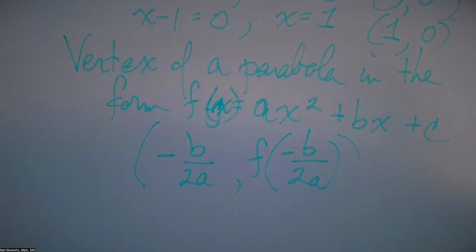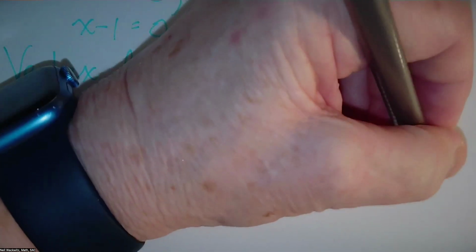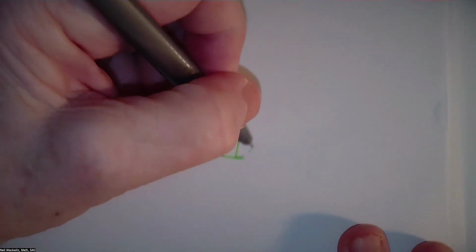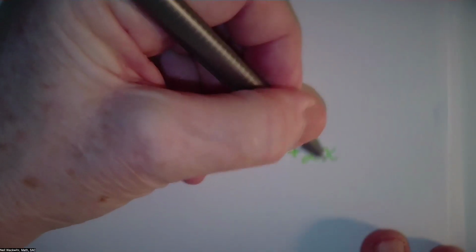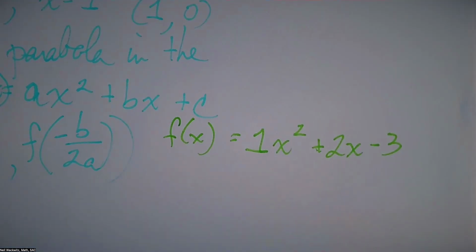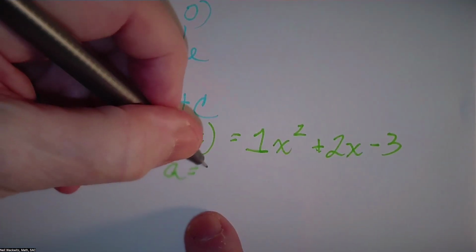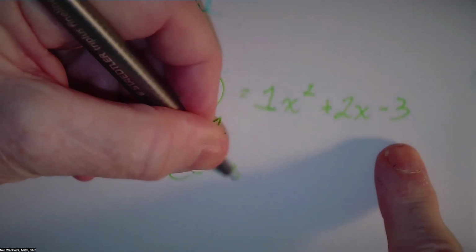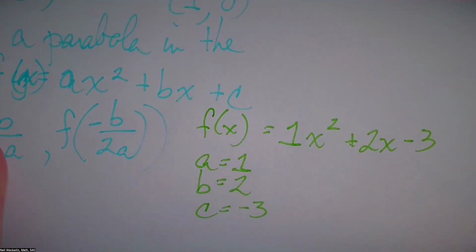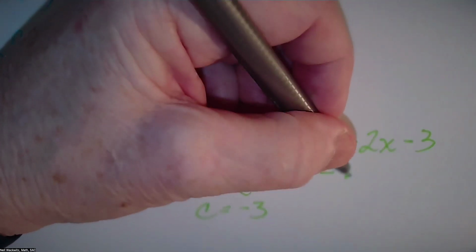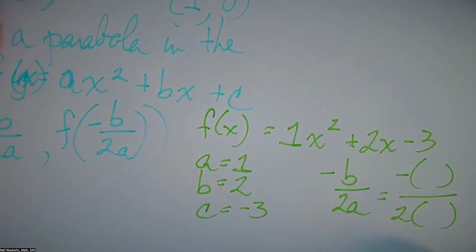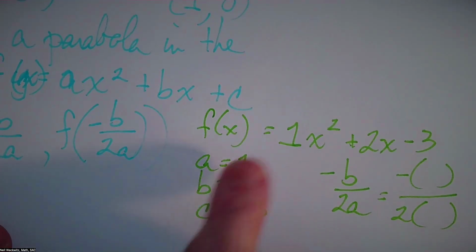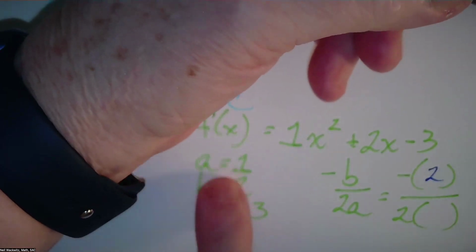So let's find negative b over 2a for our function. We have f of x is equal to 1 times x squared plus 2x minus 3. So it looks like little a is 1, little b is 2, little c is negative 3. And negative b divided by 2 times a: b is 2, a is 1.